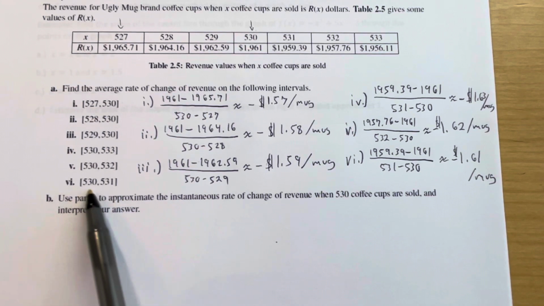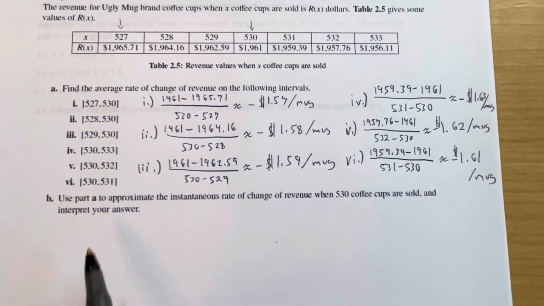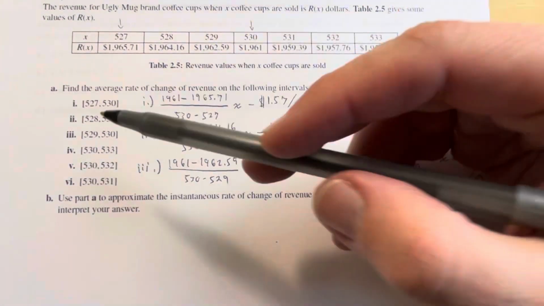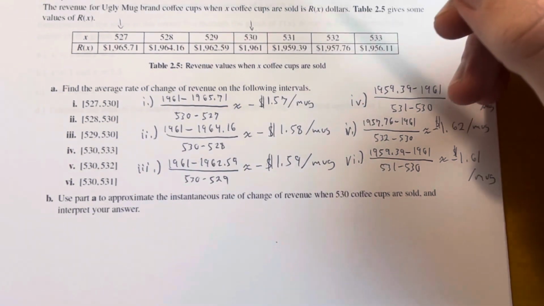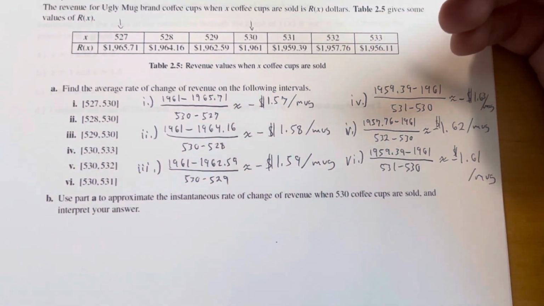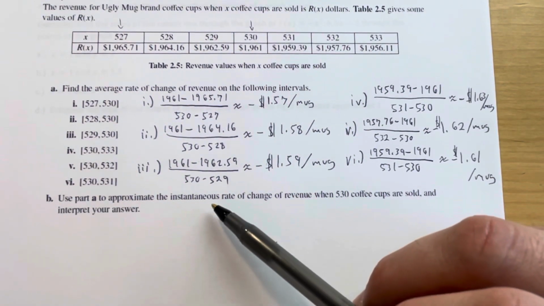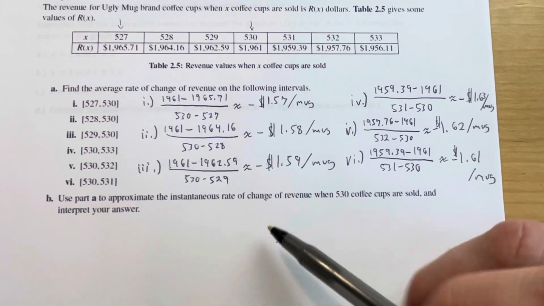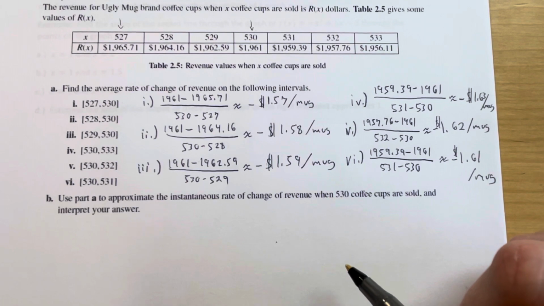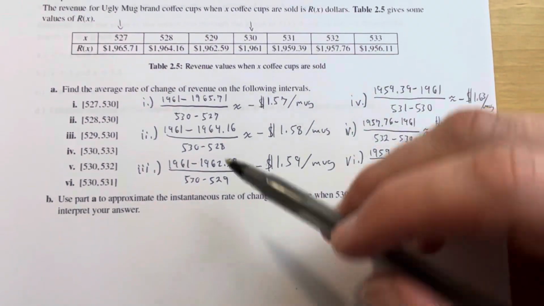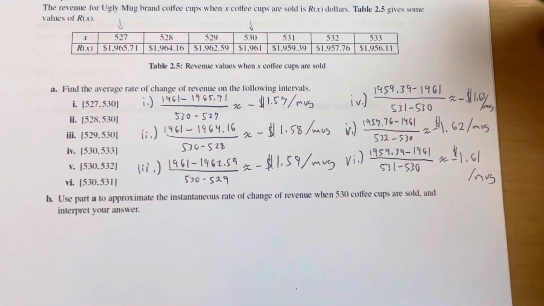It's closing in on 530 and making that interval smaller and smaller. So what's the point of this? Well, the fact that 530 keeps showing up indicates that what we're really trying to do here is approximate the instantaneous rate of change in revenue exactly when 530 coffee cups are sold. And so we're going to use the results here to approximate that.